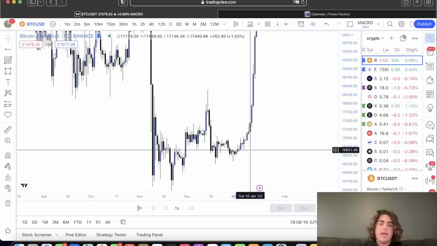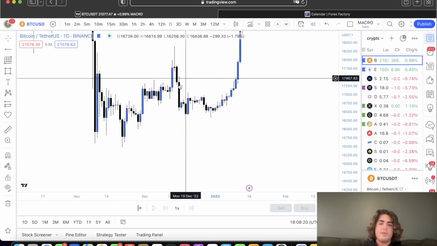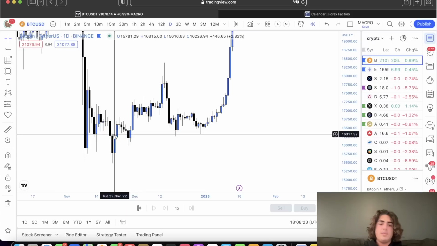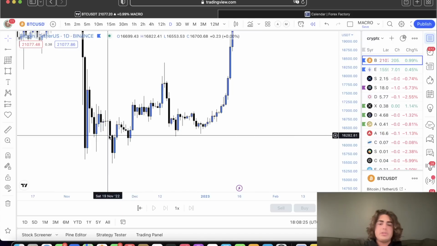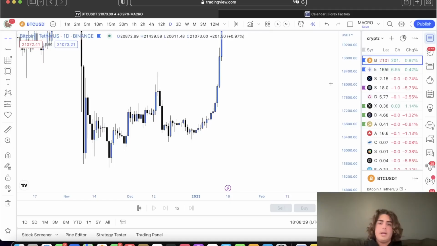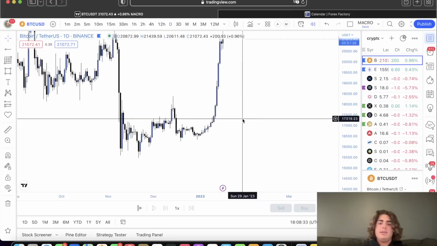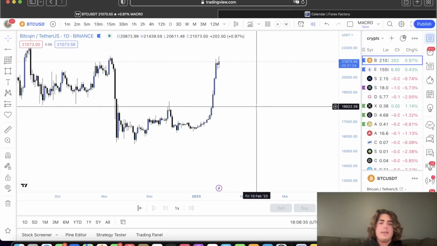Some of you guys wouldn't have been able to sit through seeing this break of structure and seeing price rip to the upside and wait for it to come into this order block right here. Most of you guys would not be able to do that at all. There's a reason why this is very difficult. It's because it's hard to be patient. A lot of you guys, your brains are trained to be impulsive.